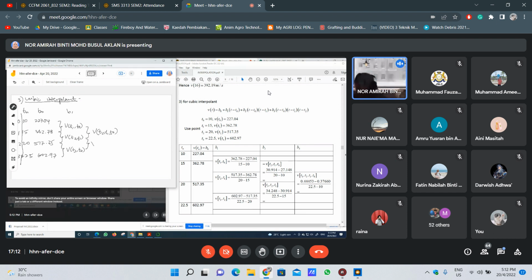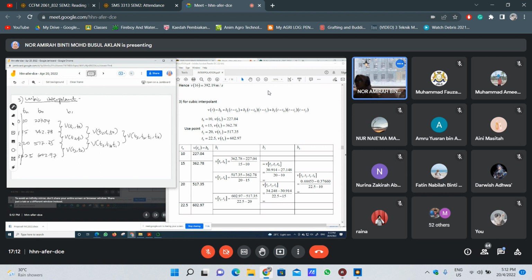Yang ni pun sama juga: V, T3, T1, T2 and T1. Once dah dapat, baru kita akan combine all the last range, which is V start daripada T3, T2, T1 and T0. Faham kelas?